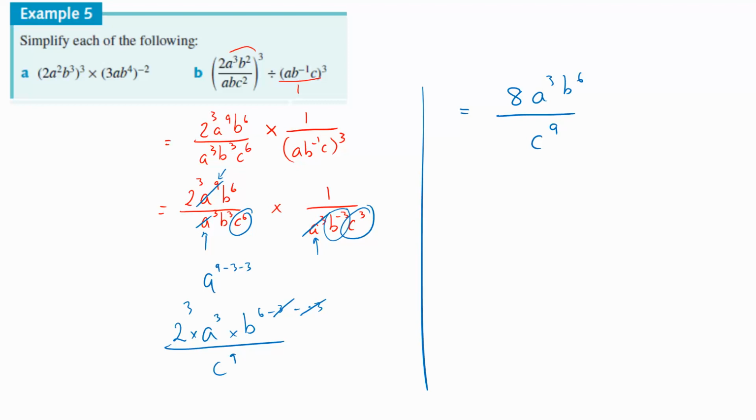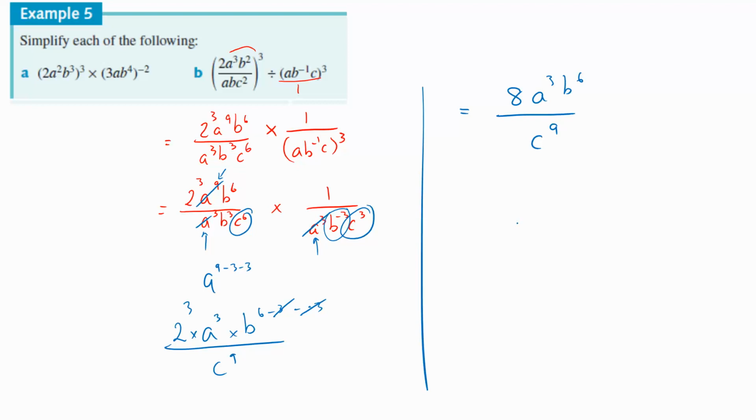I wrote 8 times a cubed, b to the 6, times c to the negative 9. Is that the same as dividing by c to the 9? Instead of putting c to the 9 on the bottom, I just times the numerator by c to the negative 9.